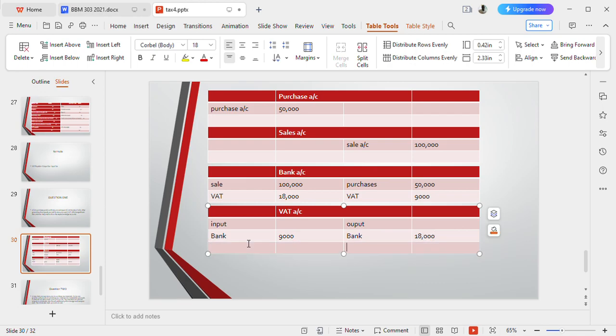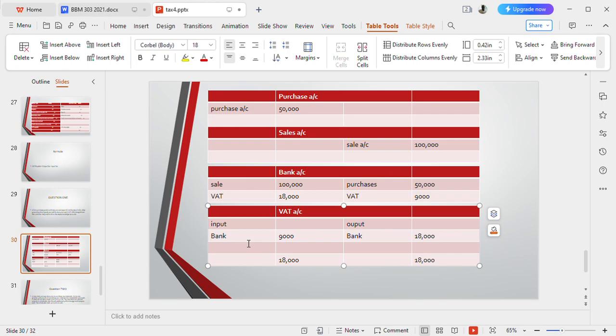Now we balance the account here. Which side is more? Is it the input or the output? Definitely the output is more than the input. So what are we getting? Is it tax payable or tax refundable?